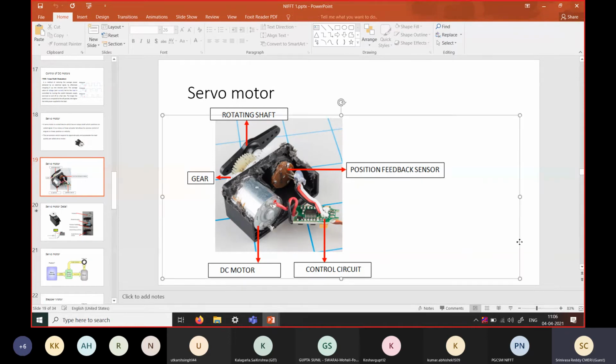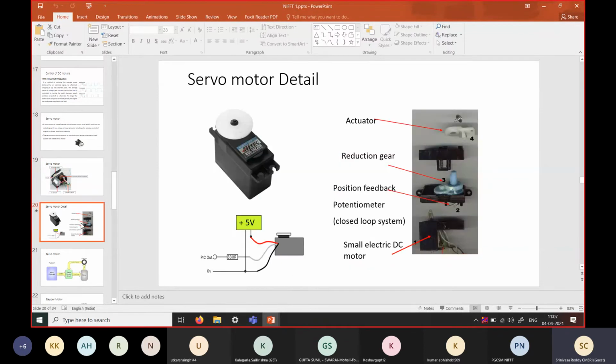So whenever we want to control something, we don't need to take too much computation or control into our own hands. The inbuilt controller will itself try to maintain the position and speed as set by the user. This is another view of the actuator.